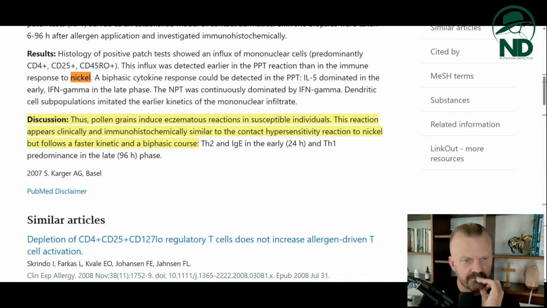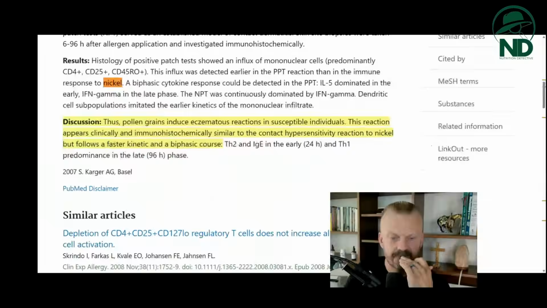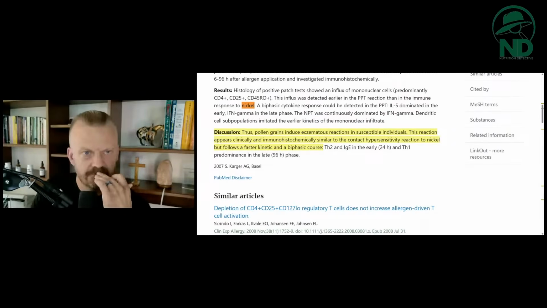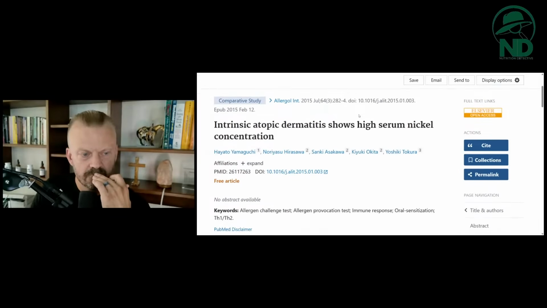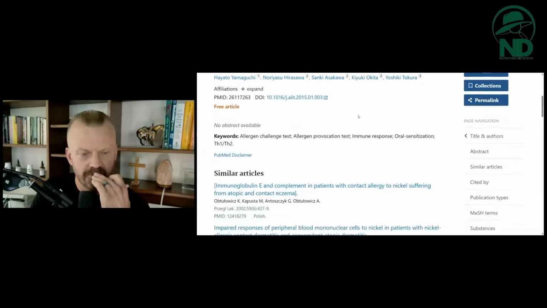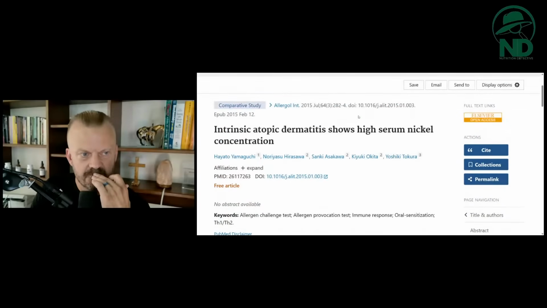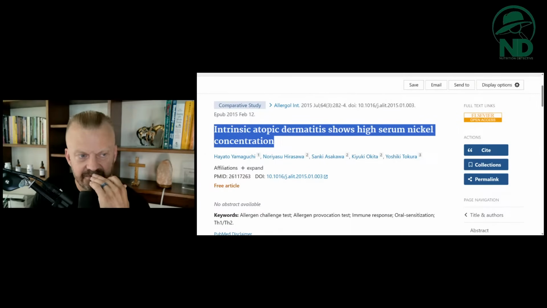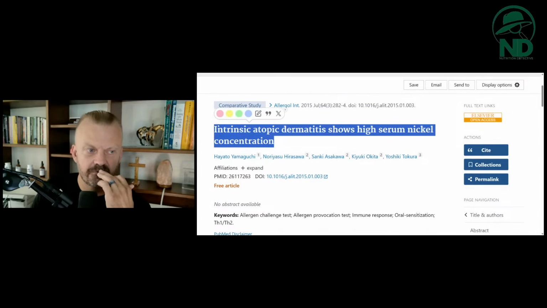Wait, what is this? Well, I don't know if I'm going to be able to go find this whole paper. Intrinsic, as in native, atopic allergic dermatitis shows high serum nickel concentration.